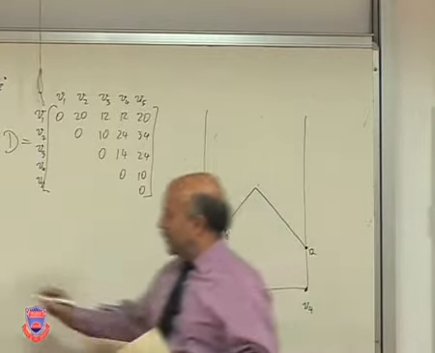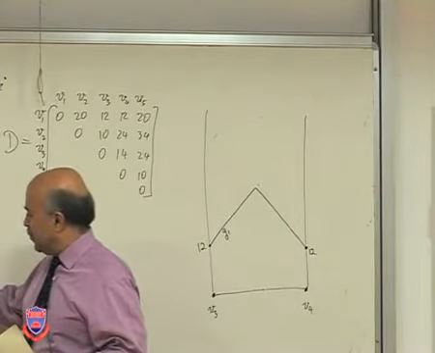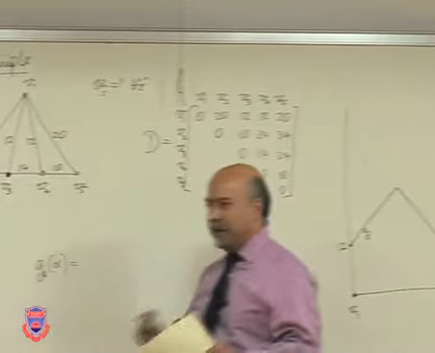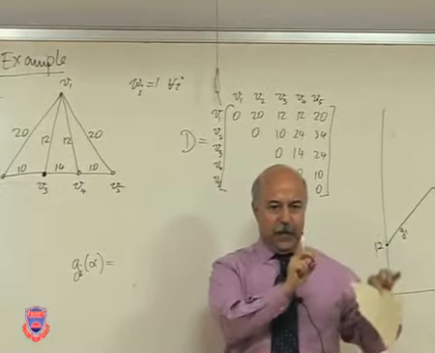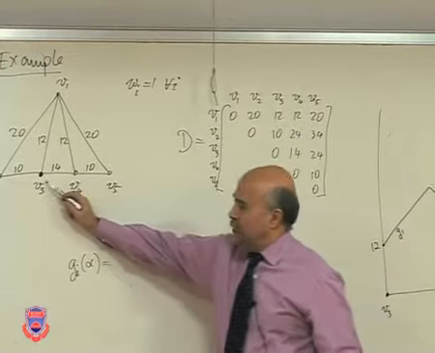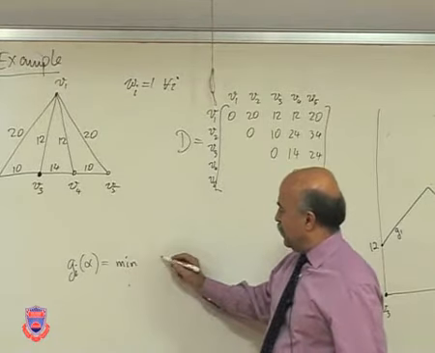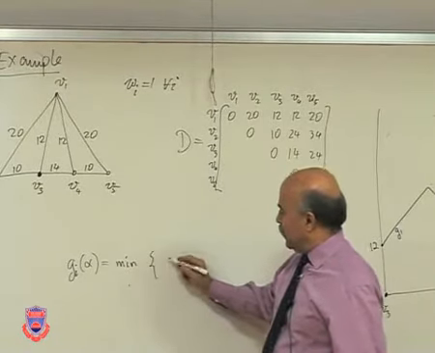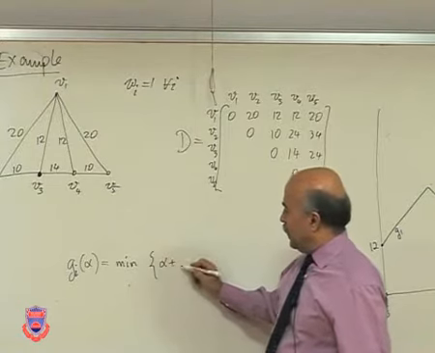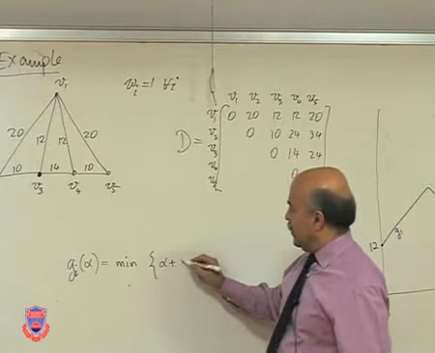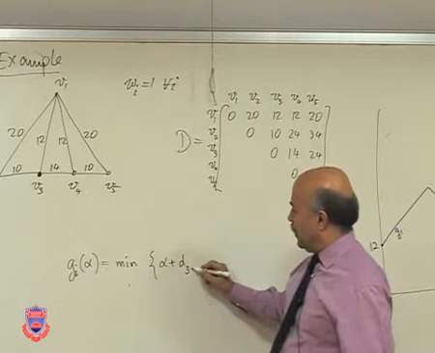What is G1? G_i by definition, alpha is the length of the subarc from the endpoint V_p, or V3 in this case. So it's the minimum of 2 values. One is alpha plus the distance from 3 to i.